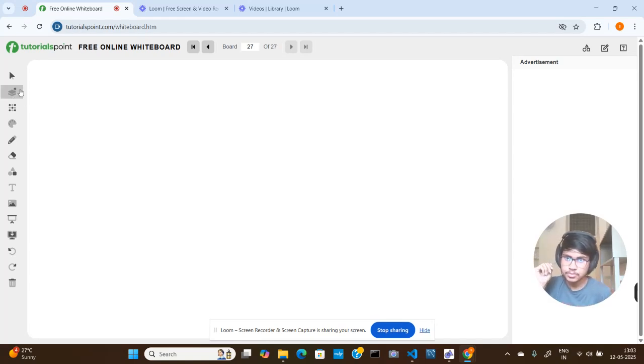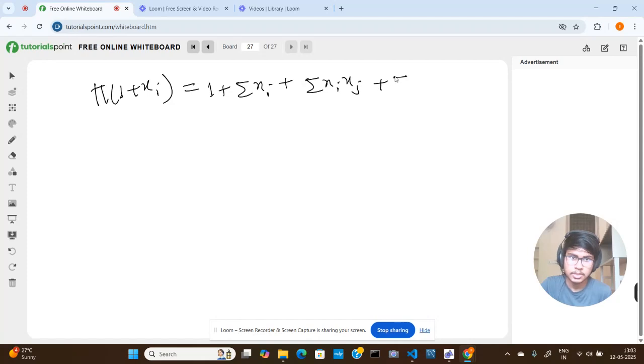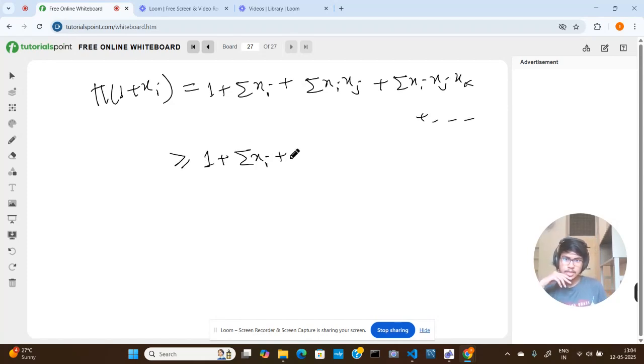So let's see, we have product of 1 plus xi. This is equal to 1 plus summation xi plus summation xi xj plus summation xi xj xk and so on. We can say this is greater than or equal to 1 plus summation xi plus summation xi xj.